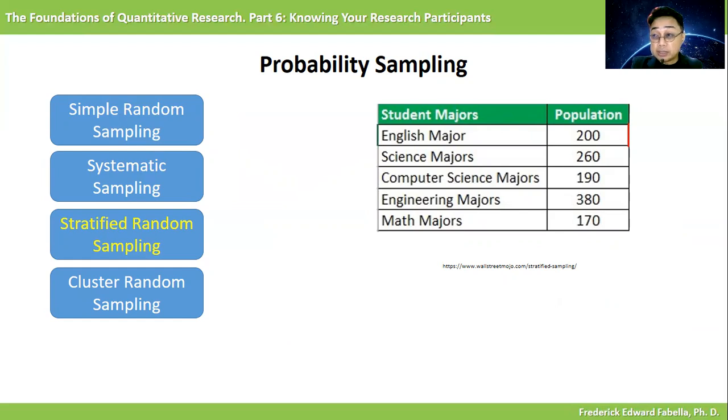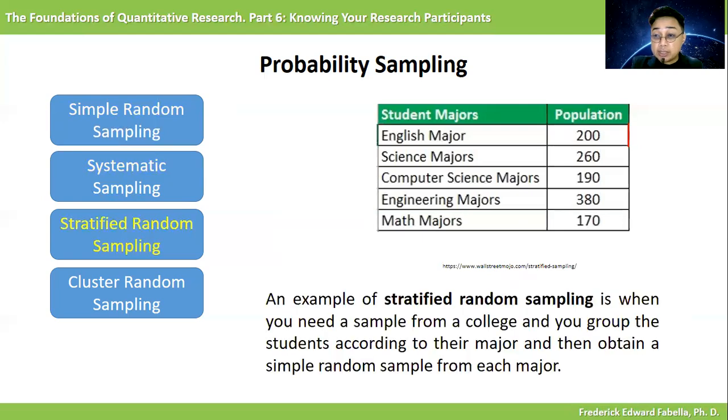You can see in the example given, each major has a population. So when you need a sample from a college and you group the students according to their major, you can obtain a random sample from each major. So that is stratified random sampling.